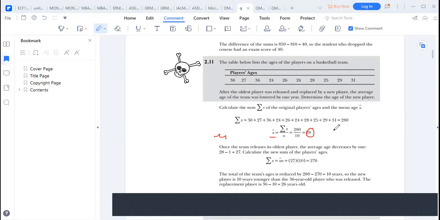So we're going to have 27 in place of the 28 is equal to sum of x, which we don't know, over n.